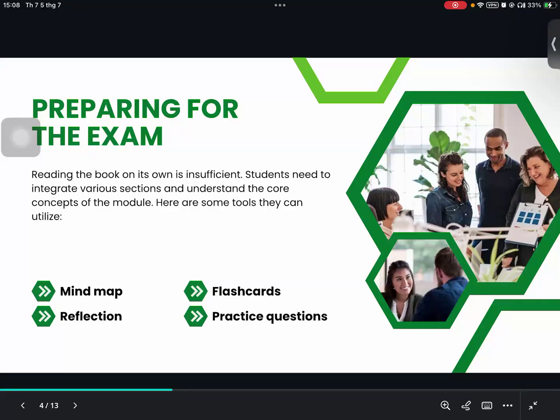So even 20 minutes of flashcard or mind map is much better than only 20 minutes of reading. So you need to be more proactive and use your time more efficiently with different tools.